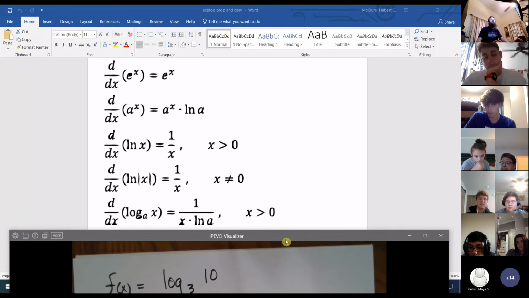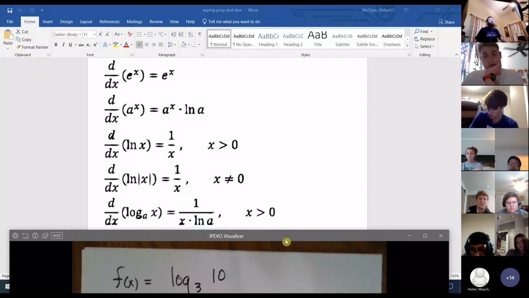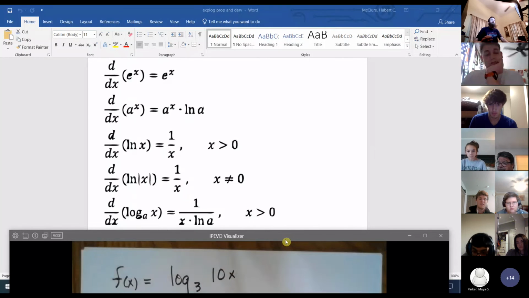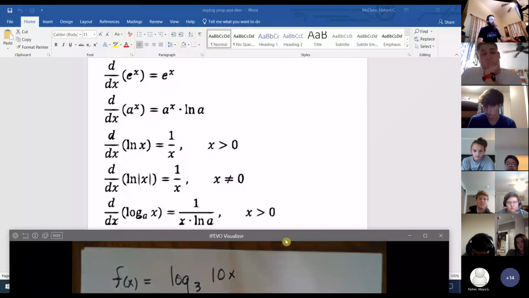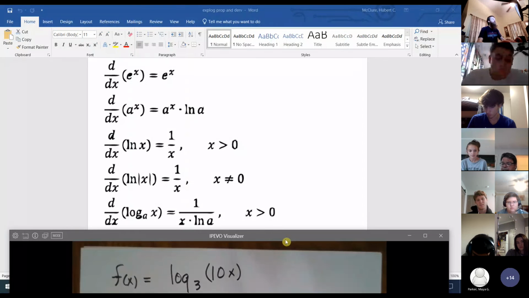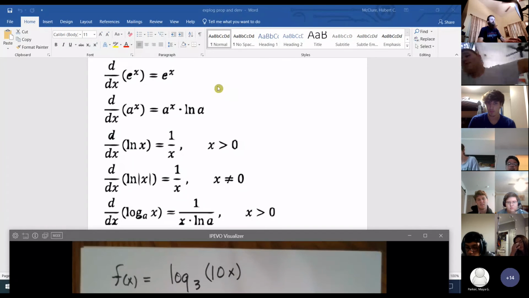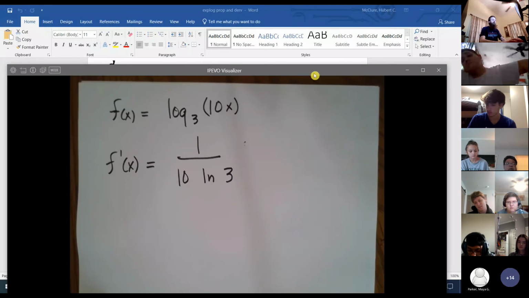Well, f prime of x is equal to 1 over 10x, take the derivative of 10x, which is 10, over natural log of 3. There you go.